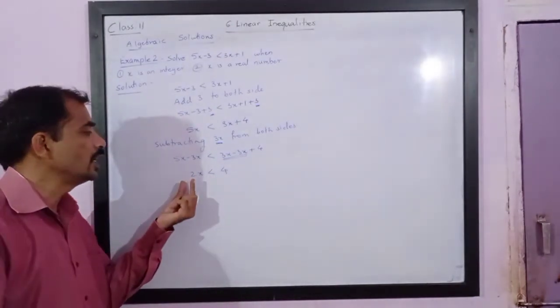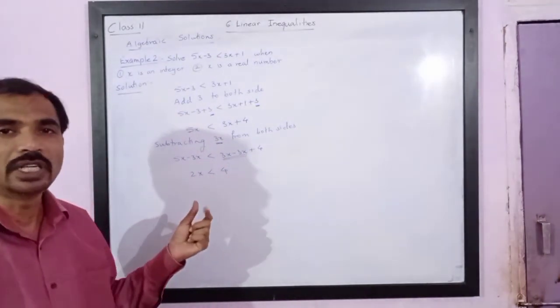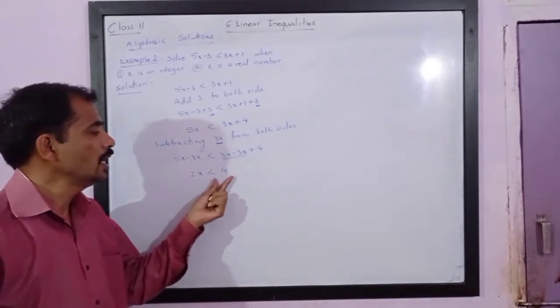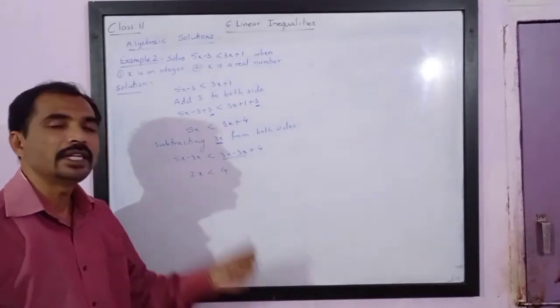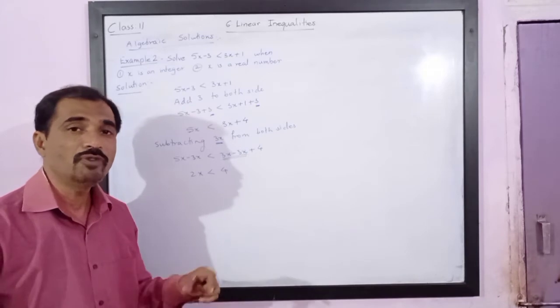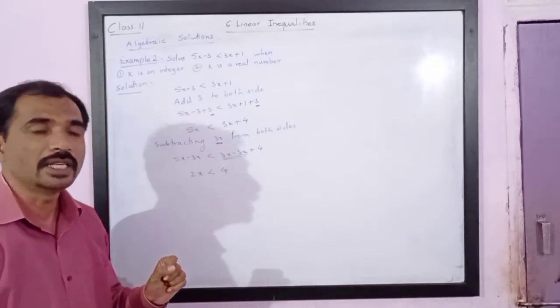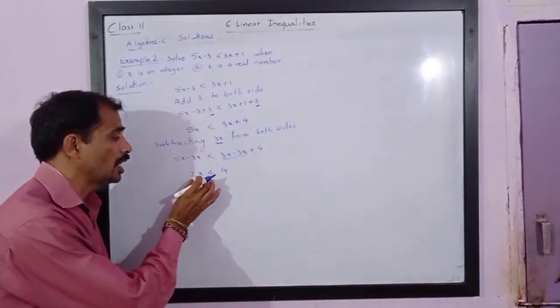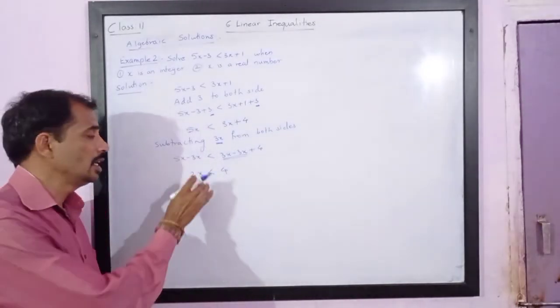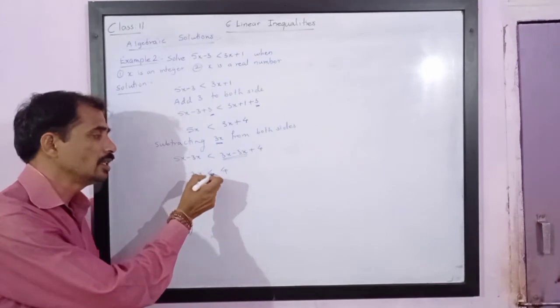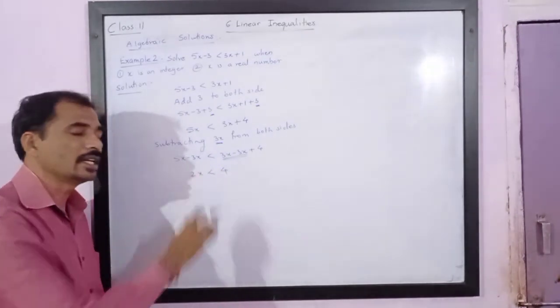Now we have also studied that if we divide by a positive number, then the inequality remains the same. If we are multiplying or dividing by a negative number, then and only then the inequality is reversed. Here, we are dividing by a positive number, so the sign is not reversed, it remains as it is.